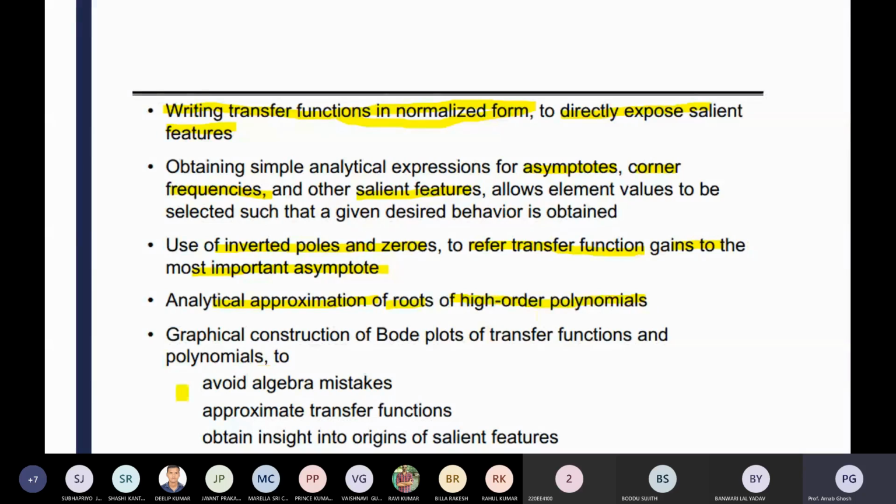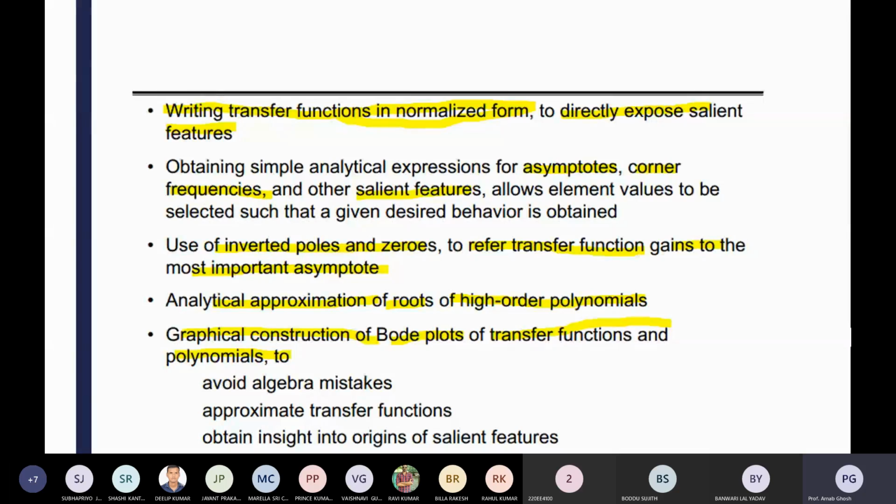Important points: graphical construction of the Bode plot for the transfer function and the polynomials. Your transfer function is an ordered sequence of equations in the order of s to the power n. If it is second order, s squared; third order, s cubed, and so on. We have to find the roots from the transfer function that way.